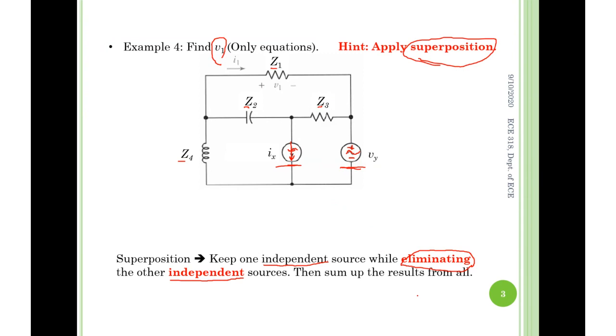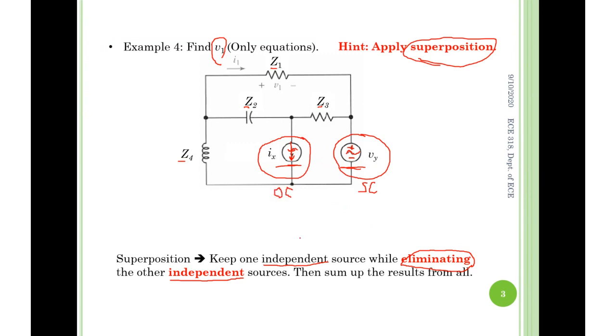Excellent. Combining Josh and Kevin together, we got the correct answer. Very good. So again, an independent voltage source like this, how do we eliminate it? Short it. This is a short circuit, SC. The independent current source like this one, what do we do? Open it.